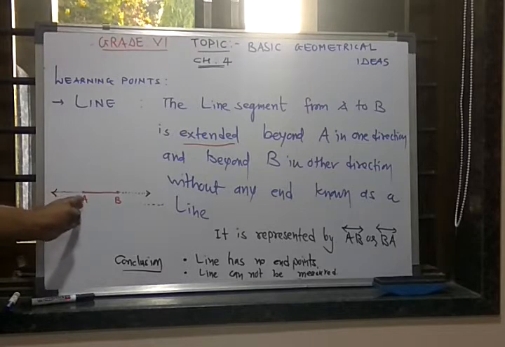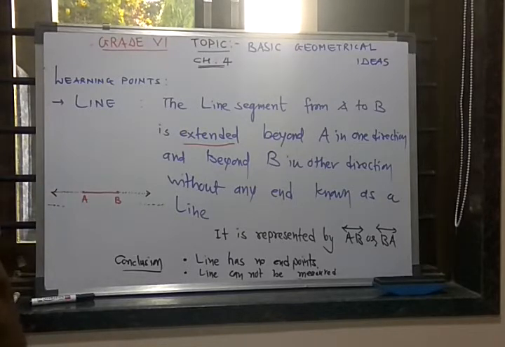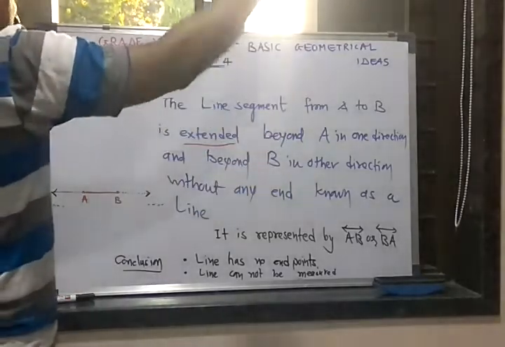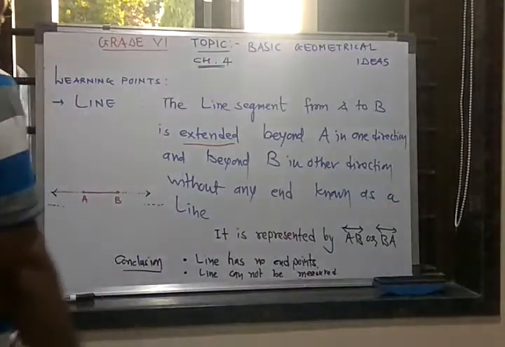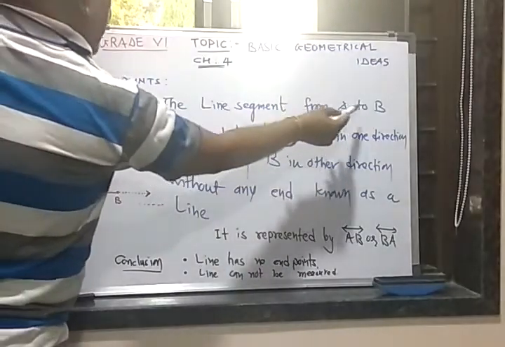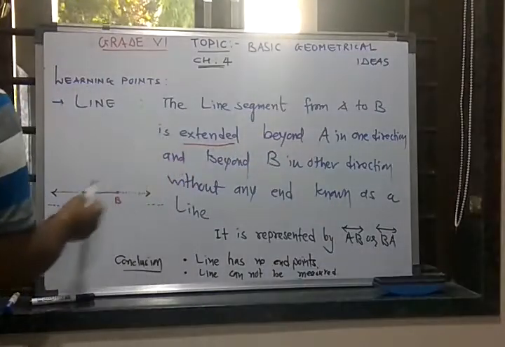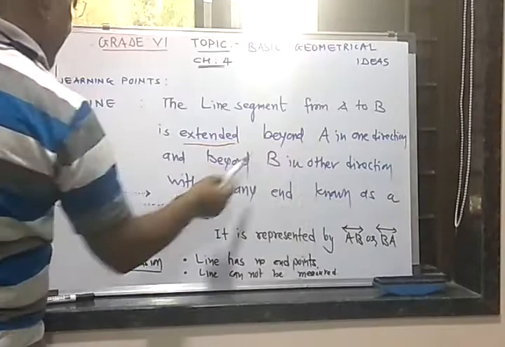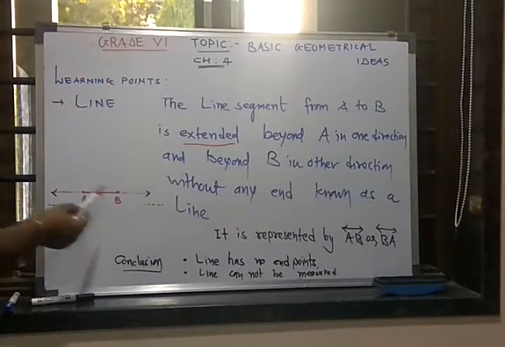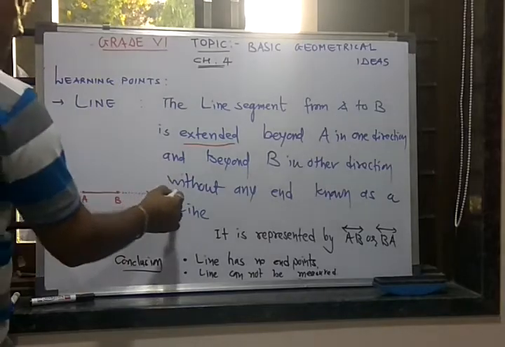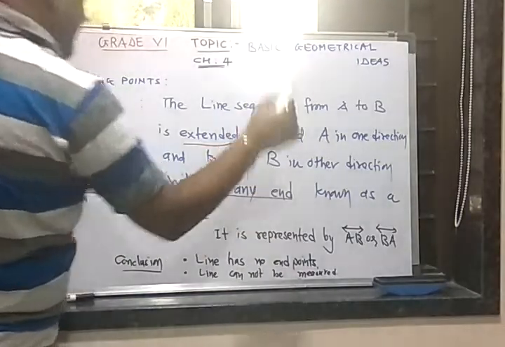Beyond point A in this direction it goes on, no end. From point B it goes on and on, no end. So the line segment from A to B is extended beyond A in one direction and beyond B in the other direction without any end.